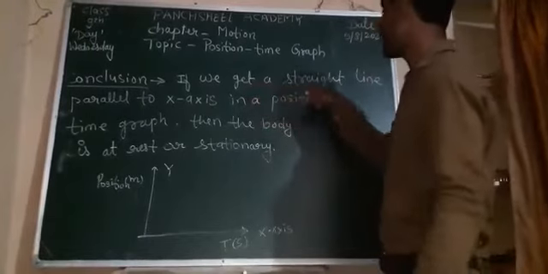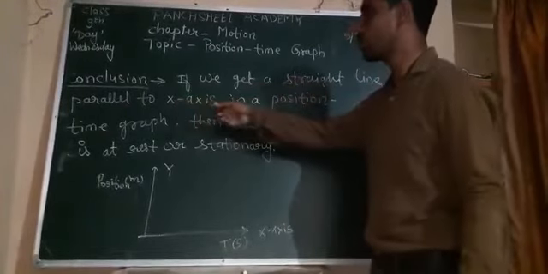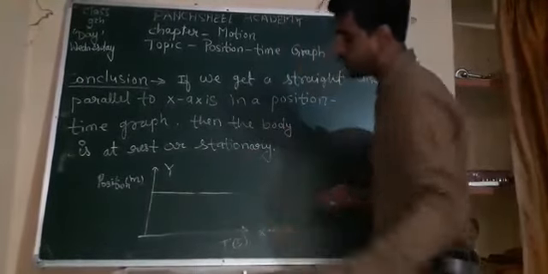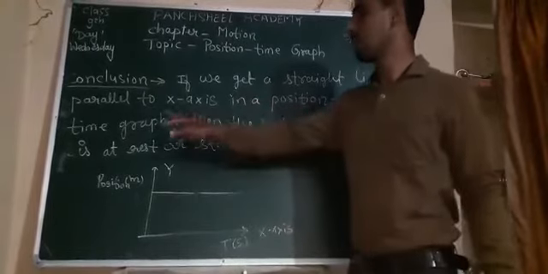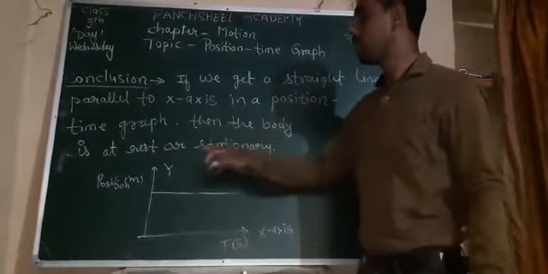So if we get a straight line parallel to the x-axis in a position time graph, then the body is at rest or stationary.